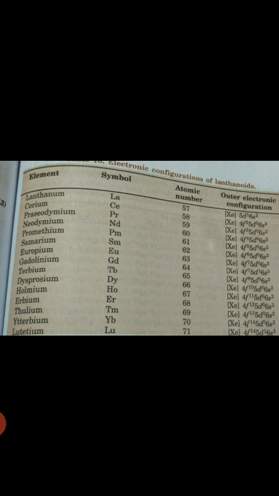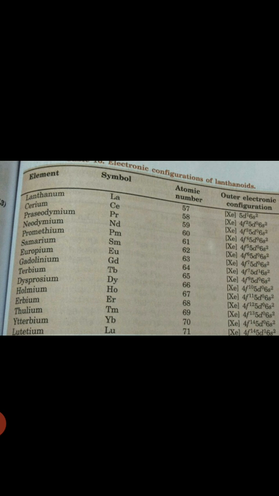So here you can see that from cerium there is a gradual filling of 4f2, 4f3, 4f4, 4f5, and it continues till 4f14 gets completed, right? There are certain irregularities in between. The commonly accepted electronic configurations of lanthanoids are given in the table.